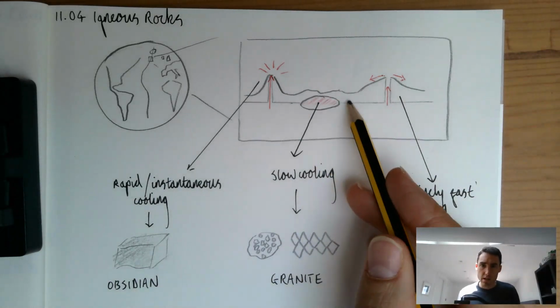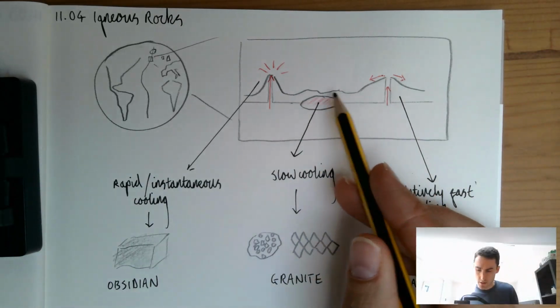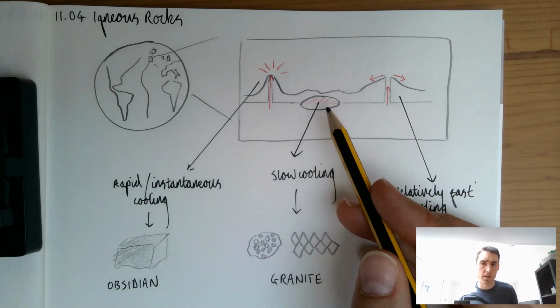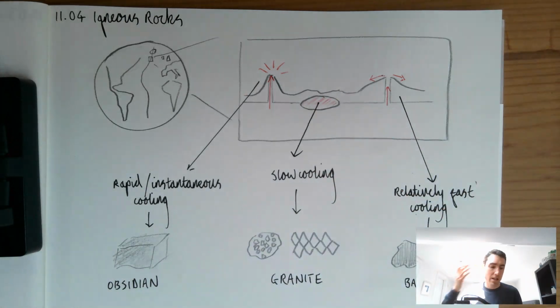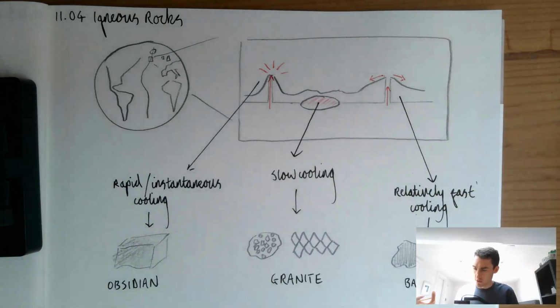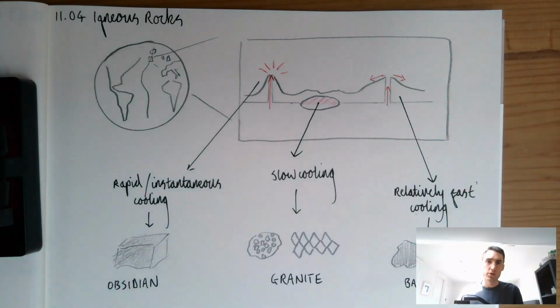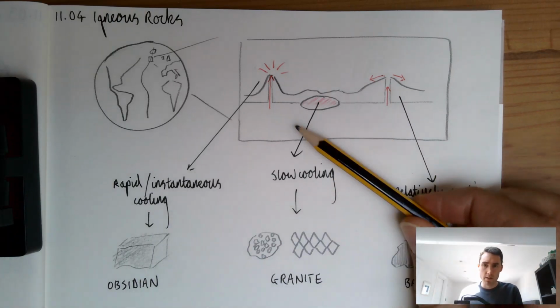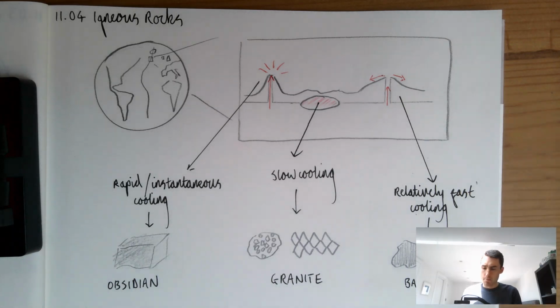But we got these big pools cooling slowly underneath the Earth's surface. And that's why, if you go to Devon and Dartmoor, where lots of Greenshaw Learning Trust students will have done the Ten Tors and things like that, you can see the rocks up there are mostly granite, and that's because they formed by this slow cooling process. So you can relate it back to the world that's actually around them.